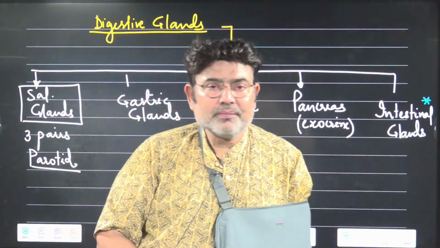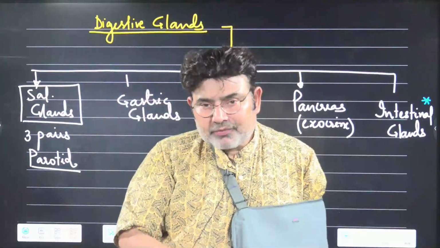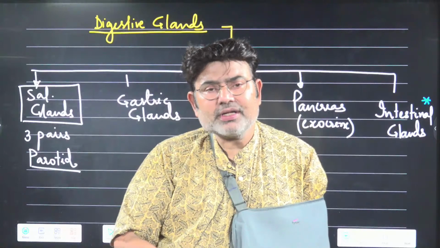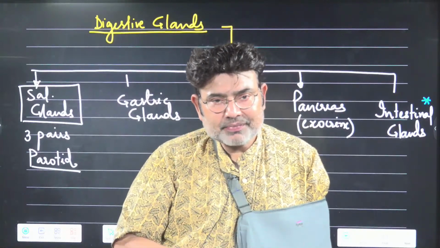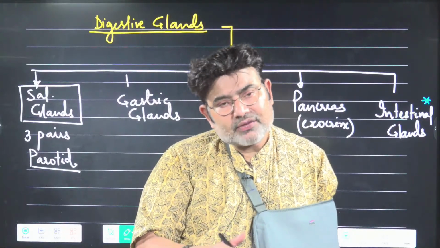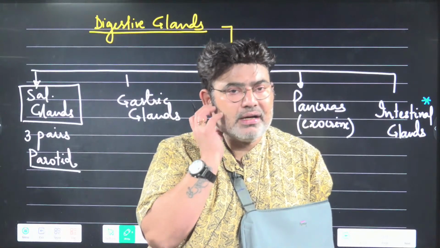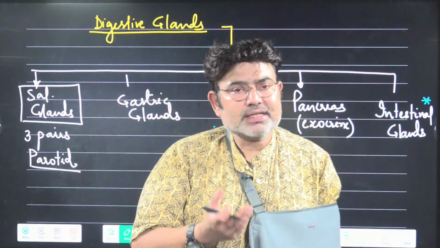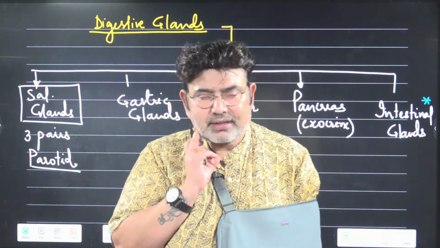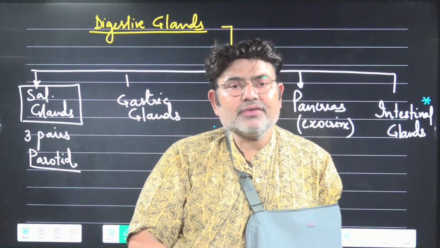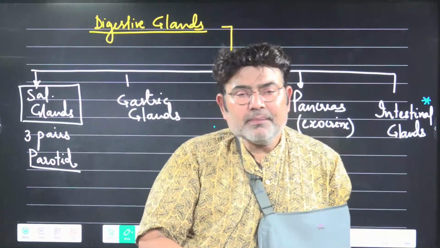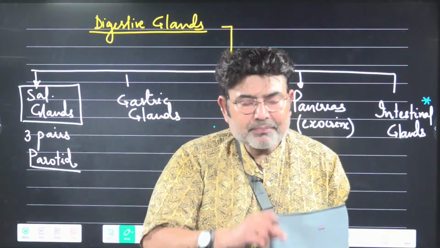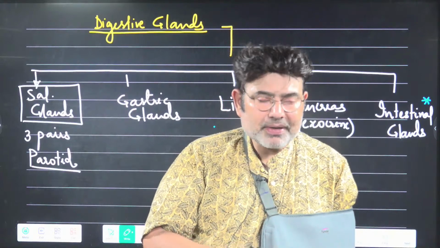There is a disease called mumps, and the mumps virus attacks several parts of the body, including the parotid gland. In children, there is a fever, and this area becomes swollen because of inflammation of the parotid gland. So in salivary glands, keep in mind that the mumps virus attacks the parotid gland, not other glands.